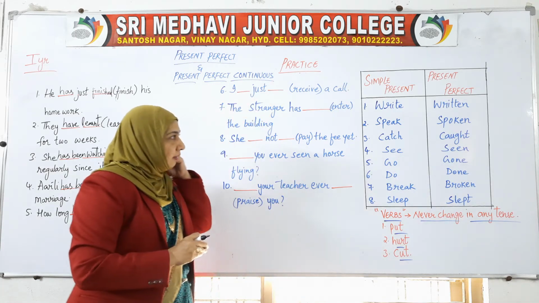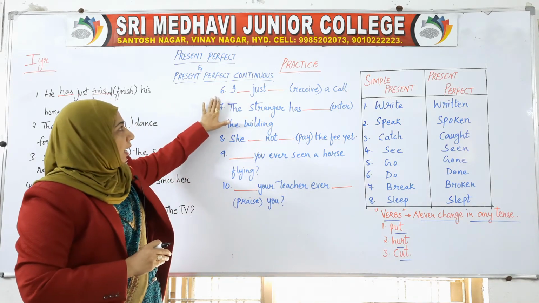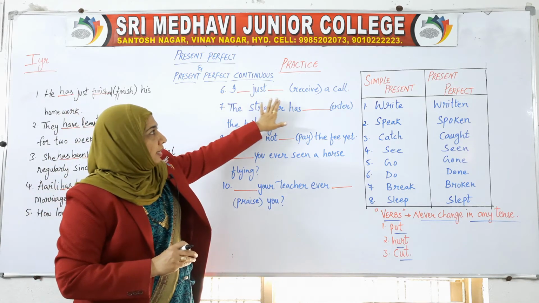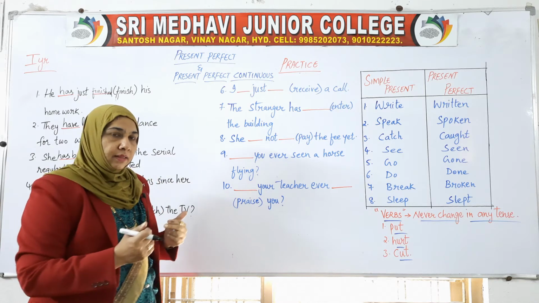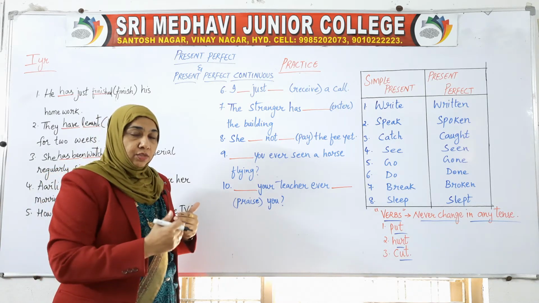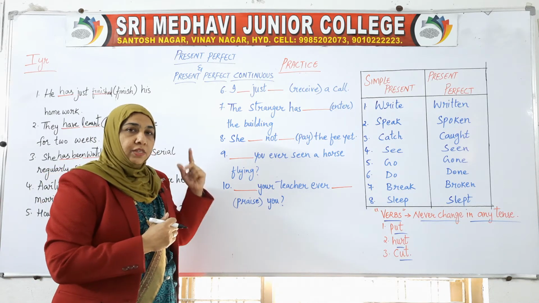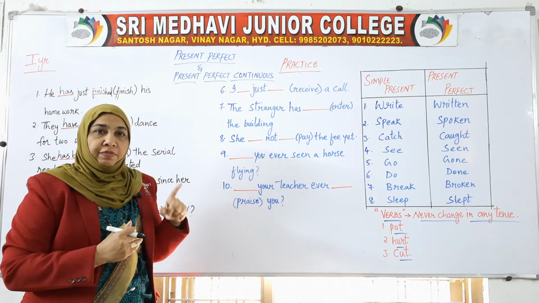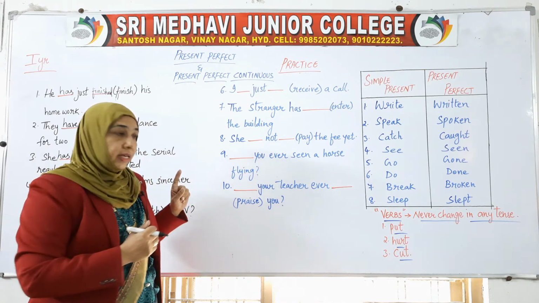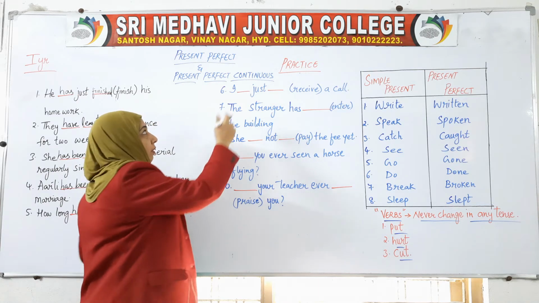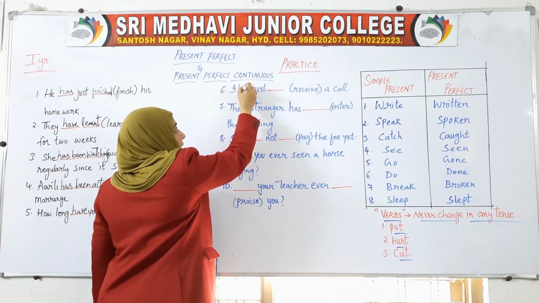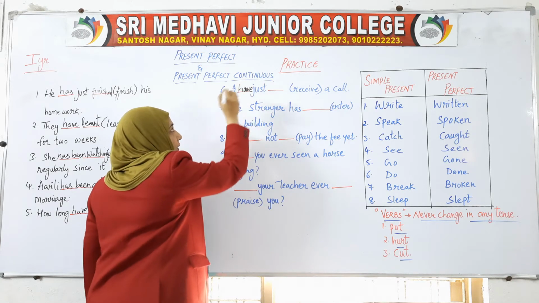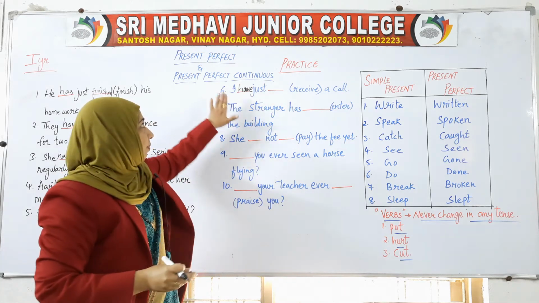Now the next, here we'll go ahead with the sixth one. I dash just dash receive a call. I, what does it mean? Just means again present perfect, and in the present perfect what do we have to use for the helping verb? We have to use have for the first person, as actually this is a pronoun.